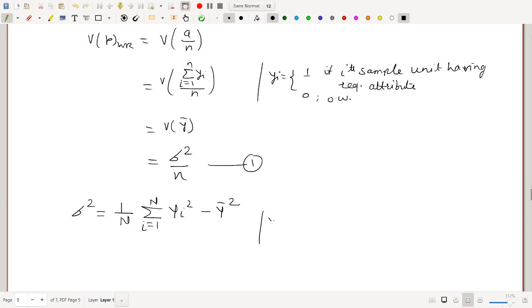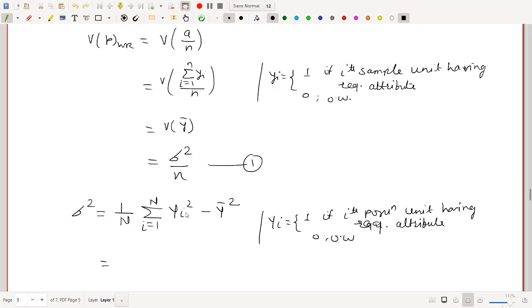Here yi is taking only binary values. Yi is 1 if the ith population unit has the required attribute, and 0 otherwise. So this is equal to summation yi square.